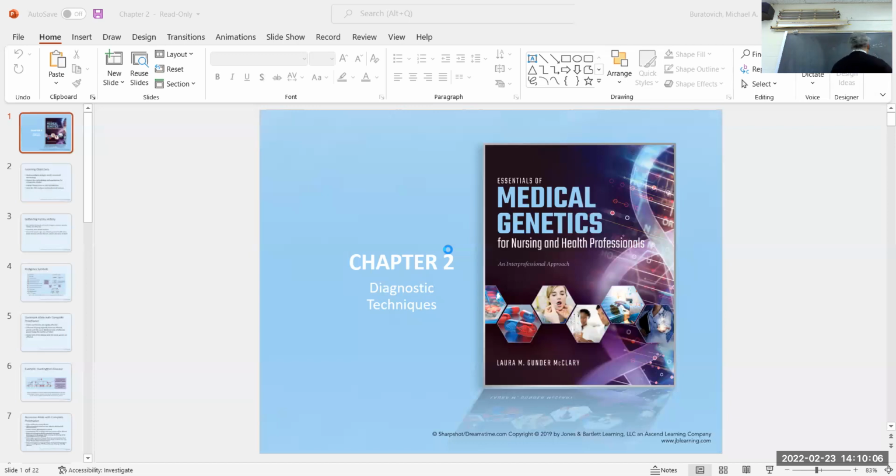So this is called a triplet expansion disease. And there's a few others that are triplet expansion diseases. But this disease is dominant.